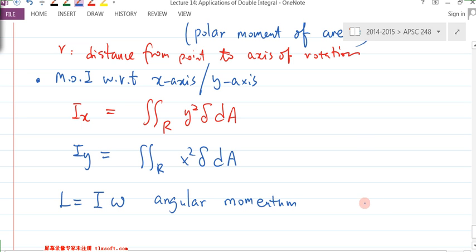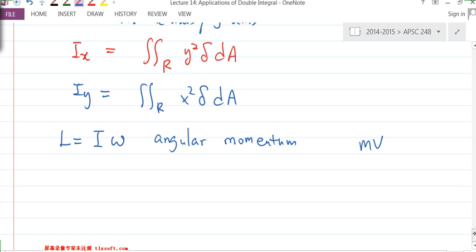Just like the linear case, what does m times v give you? What is this called? Linear momentum, right?